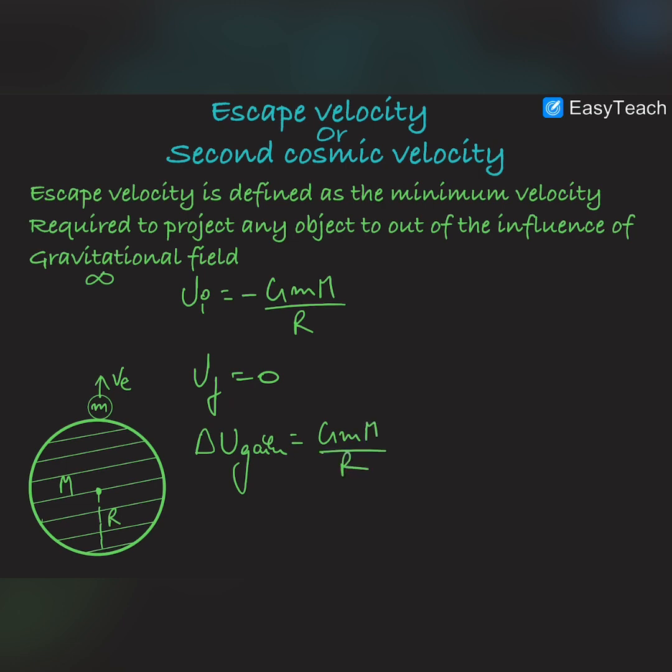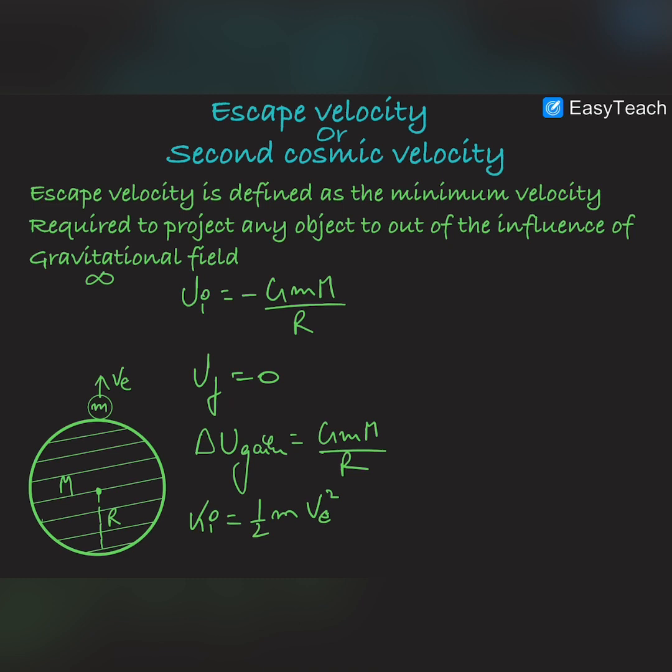This is the potential energy gained, and this gain in potential energy will be equal to the loss of kinetic energy. So the initial kinetic energy which we have given is half m v_e square, and we wish to find the minimum value of v_e. Here, minimum means that we just need to give that much kinetic energy to this mass so that it just reaches infinity.